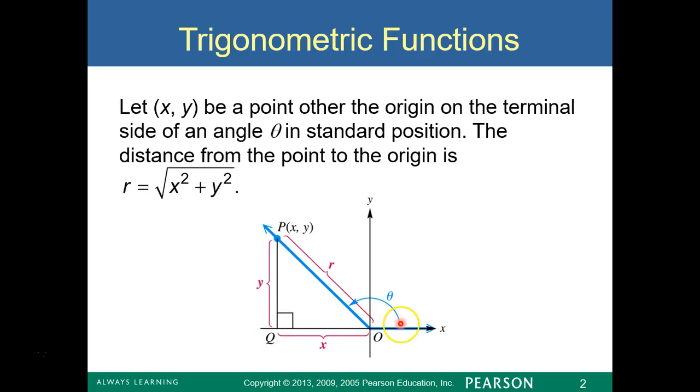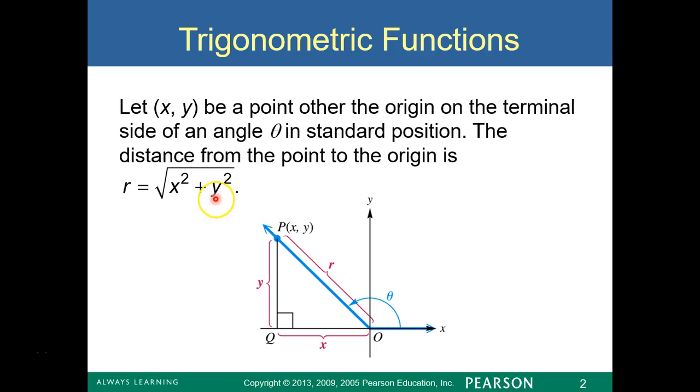To get this distance r, we use this formula: r is equal to the square root of x squared plus y squared. And that formula is just the Pythagorean theorem.